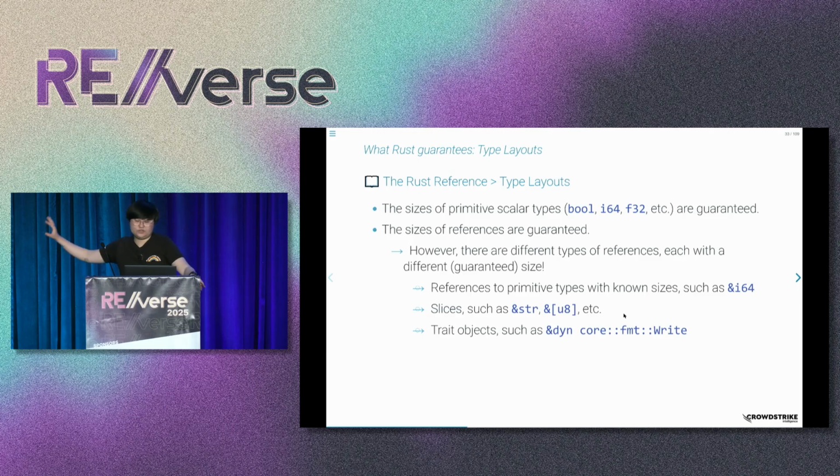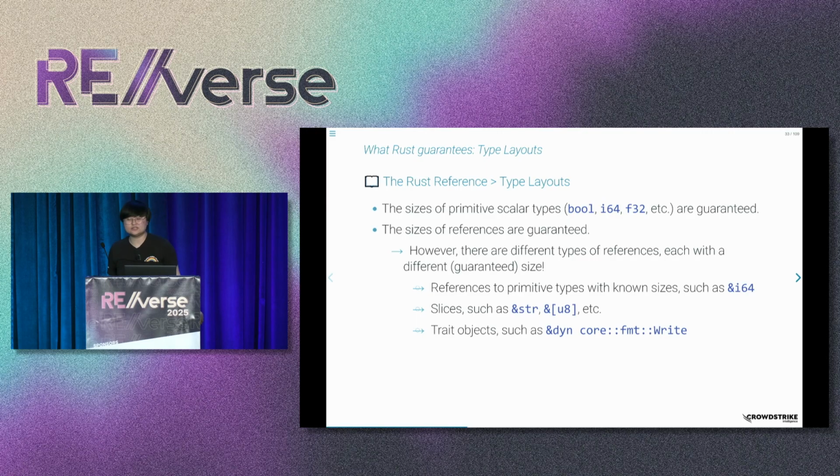However, we also covered those two other types of references, right? Slices and trait objects. So a slice, such as our string slice there, or our slice into our byte array there, those carry additional information about the length of that slice. So that information needs to actually live somewhere with that reference.